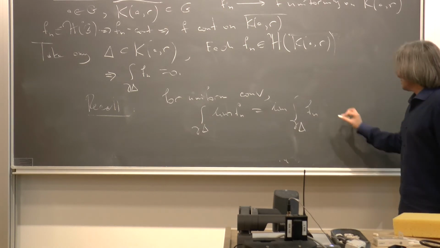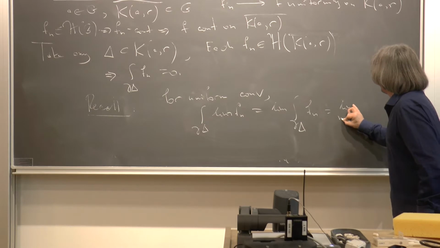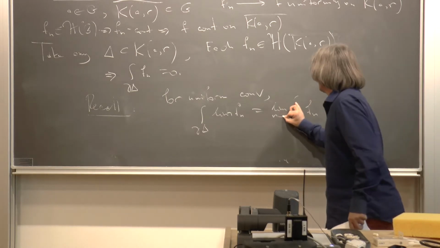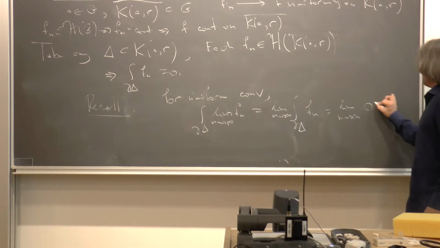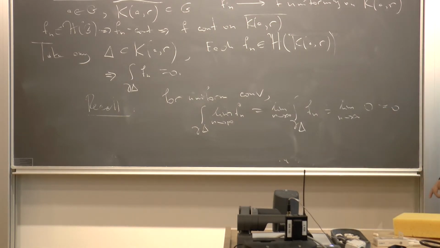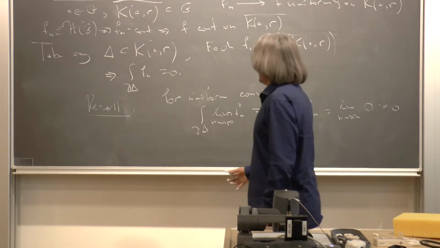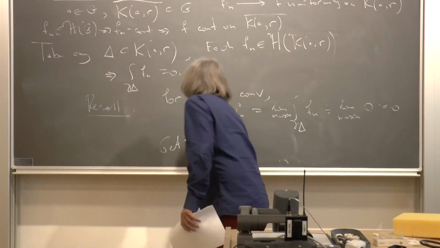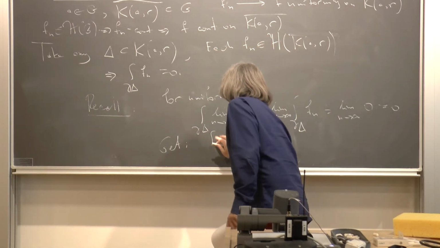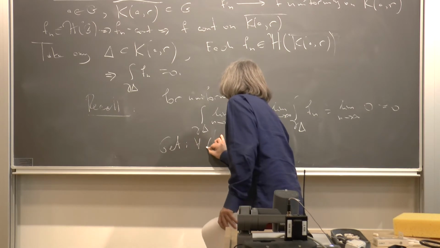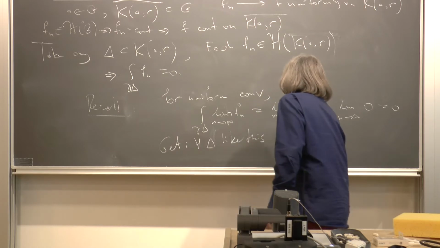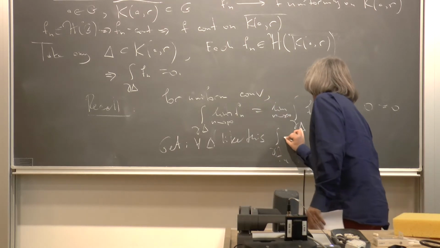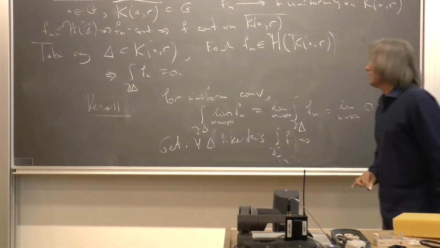But this is 0. It's a limit of zeros. So it's 0. So we get that for any such triangle, the integral over the boundary of f is 0.